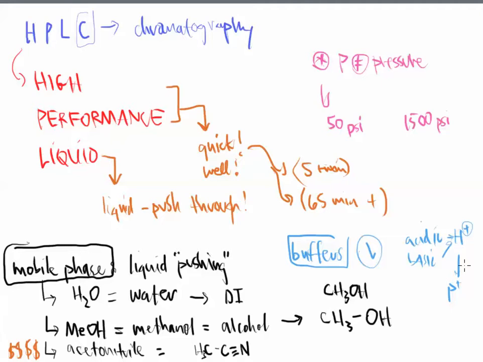There are other mobile phase choices that we can put on the machine and allow it to do its job. But these are the four, mainly three, that you're going to see when you start looking at the project. Whatever topic you pick that requires an HPLC run, you will probably see water or methanol or acetonitrile required.